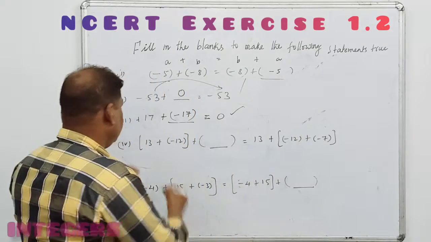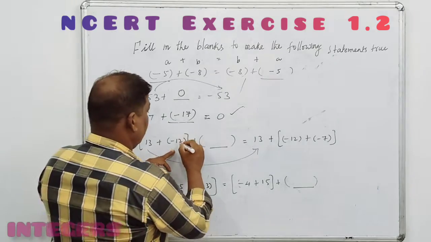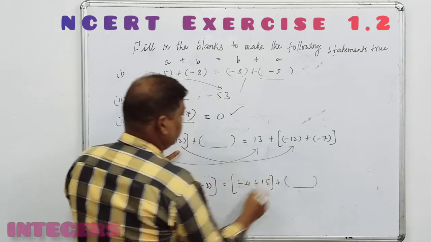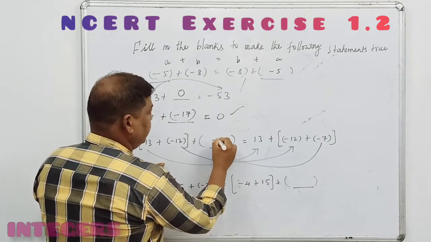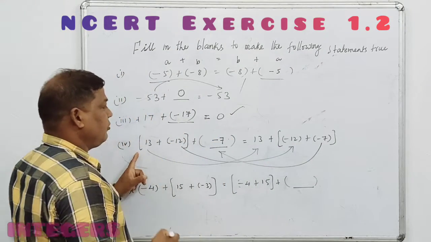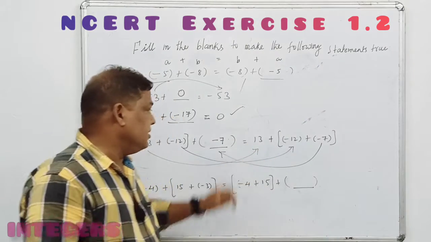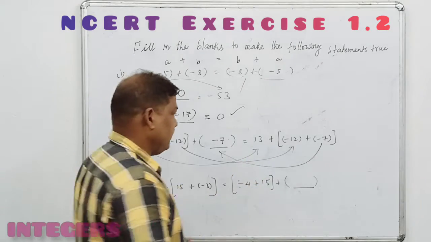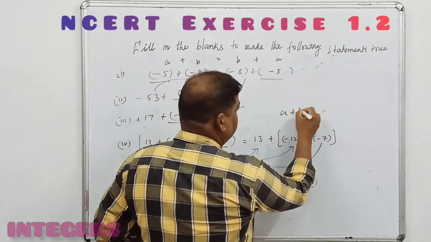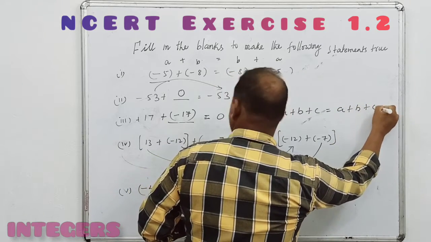See, here 13, here 12, then minus 7 will become minus 7. This property we have already learned, that is the associative property under addition. That means A plus B plus C is equal to A plus B plus C.